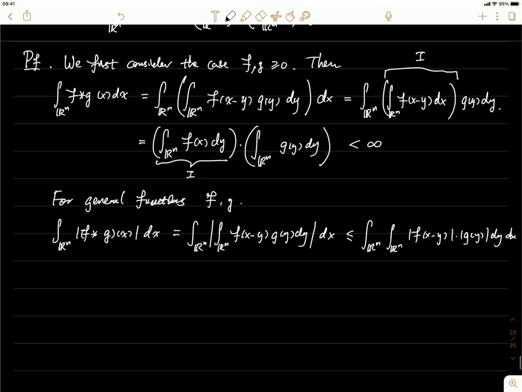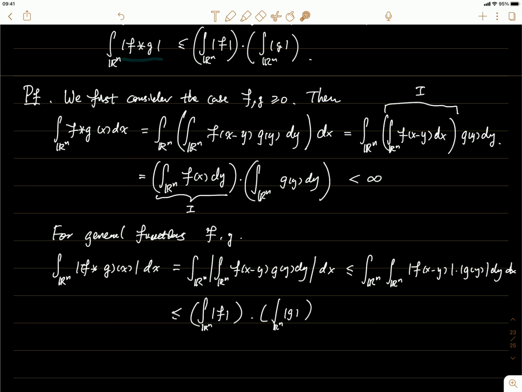Because f and g are integrable, their absolute values are also integrable, and these are non-negative integrable functions. We can use the result we just proved to show that this is bounded by the integral of the absolute value of f times the integral of the absolute value of g over R^n. This completes the proof for the general case where f and g are not necessarily non-negative.